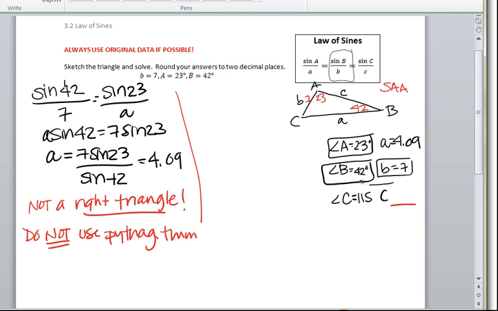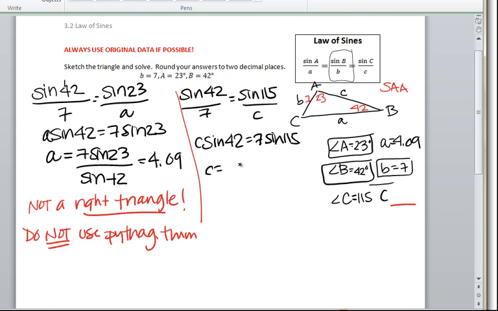Our original data, and that is this relationship between angle B and side B, right? So we do again have sine of 42 over 7. Now this time it's equal to sine of C over little c, so we have sine of 115 all over little c. So cross multiplying, we have c sine 42 is equal to 7 sine 115. So c is equal to 7 sine 115 all over sine of 42, which means that c is 9.48.